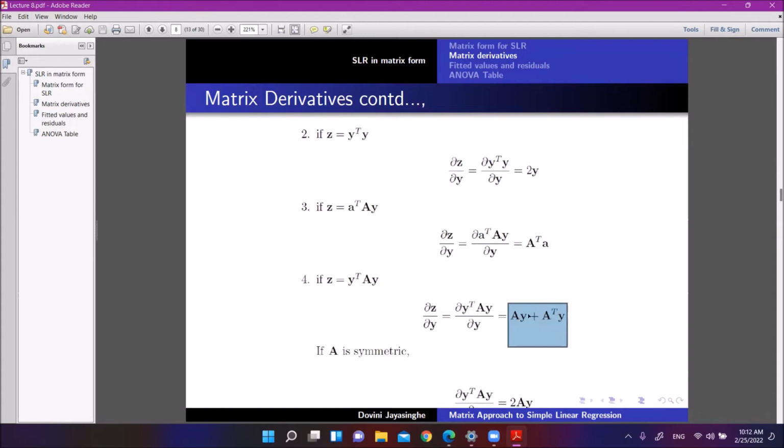So if that is the case, A transpose is going to be the same as A. So actually this is the derivative of y transpose A y with respect to y. So this is going to be A y, and then the addition is 2 times A y if A is symmetric.